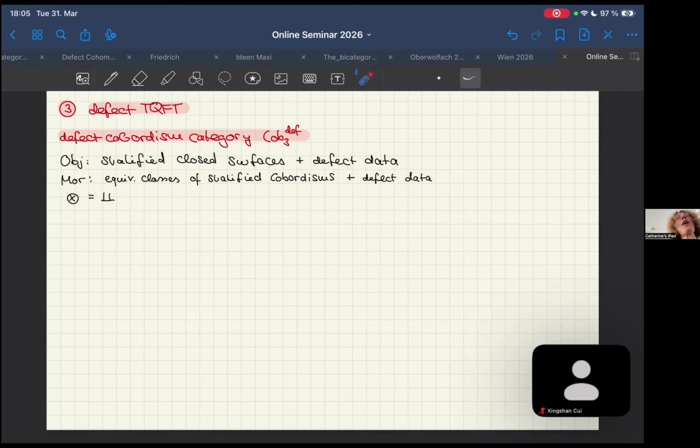Okay, and of course, if you have a defect cobordism, so if we have only a single stratum, then you have a label G, which is some finite group.